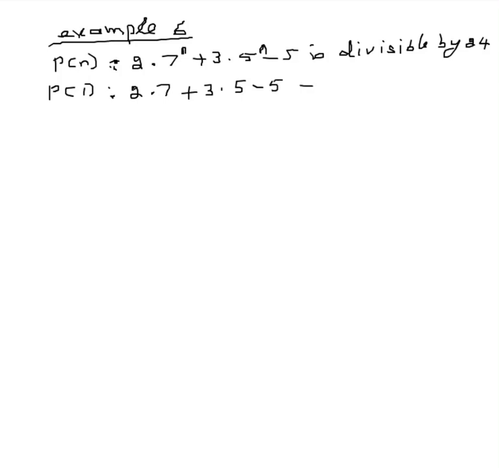Let us simplify this: 14 plus 15 minus 5, which is 24, and it is divisible by 24. Therefore, P(1) is true.